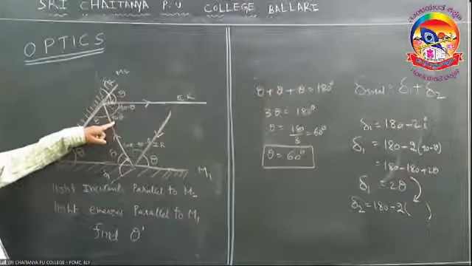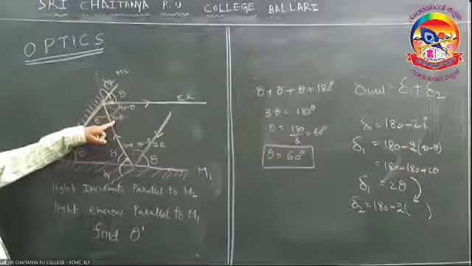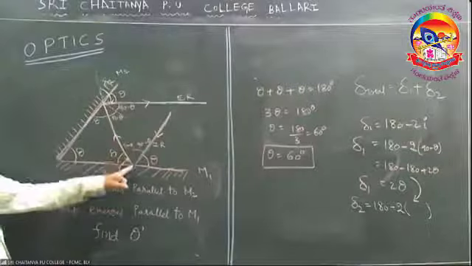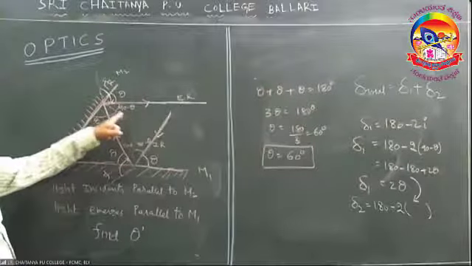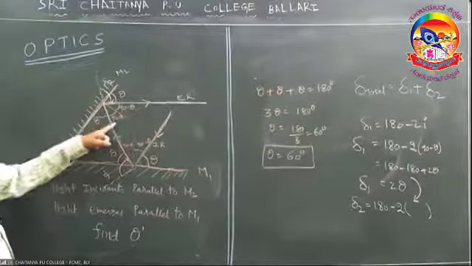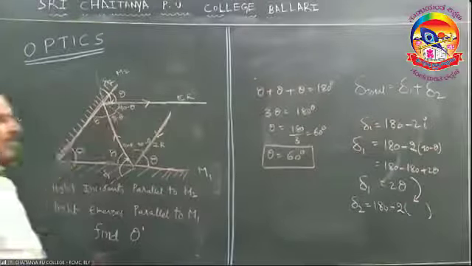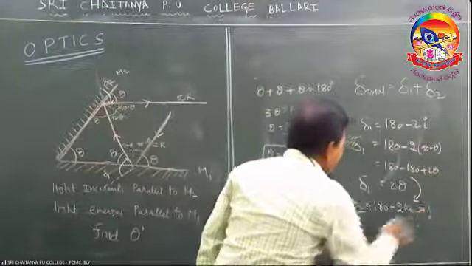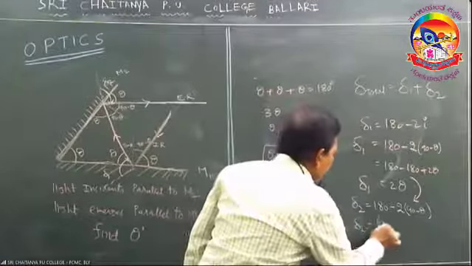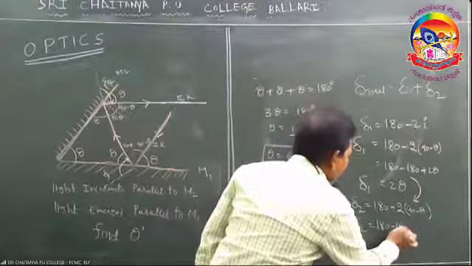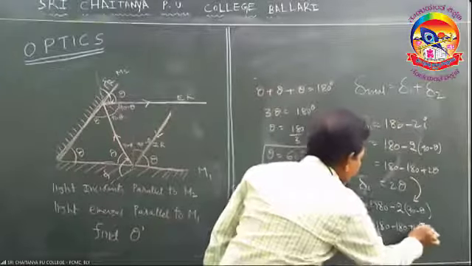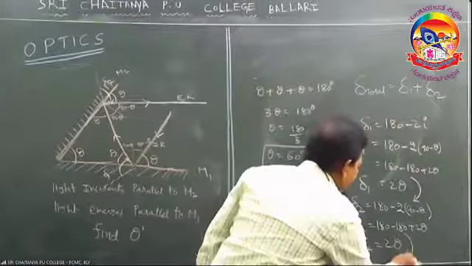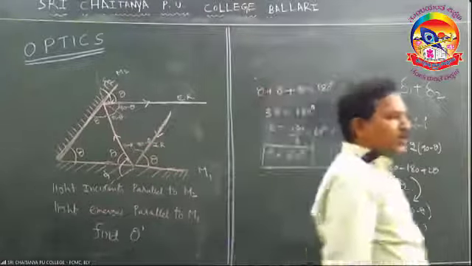Angle of incidence at the second mirror is 90 minus theta. This is the normal. So delta 2 is equal to 180 minus 180 plus 2 theta. Delta 2 is equal to 2 theta. Clockwise or anti-clockwise? That is also clockwise.